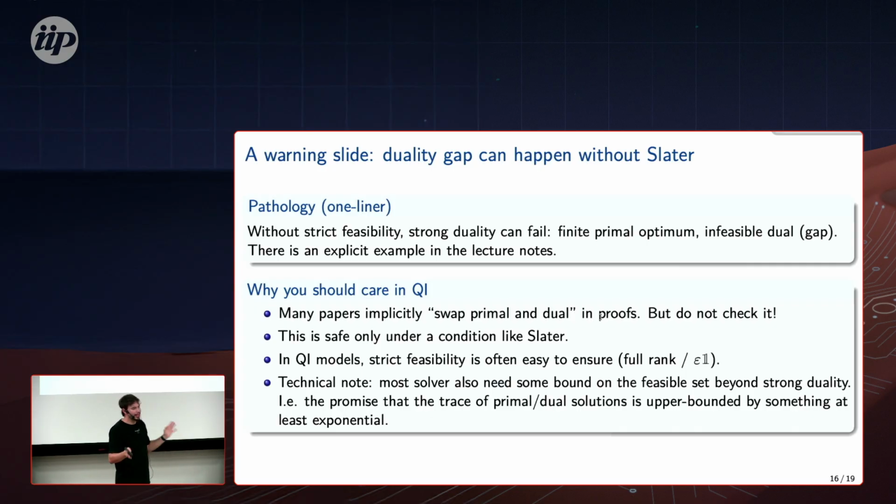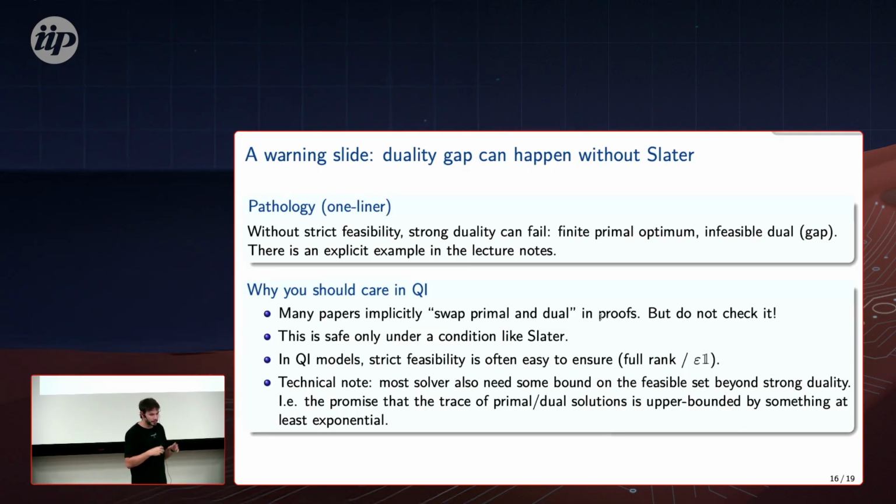But in principle, if you're looking at more advanced SDPs, some of you might have heard, for instance, about the NPA hierarchy or sums of squares. There are some details about that in the lecture notes as well. So if you leave the very nice quantum information theory SDPs and look at harder optimization problems, then you should also care about this.